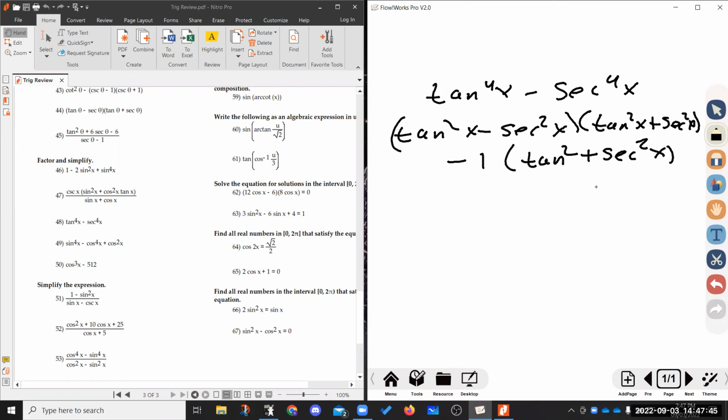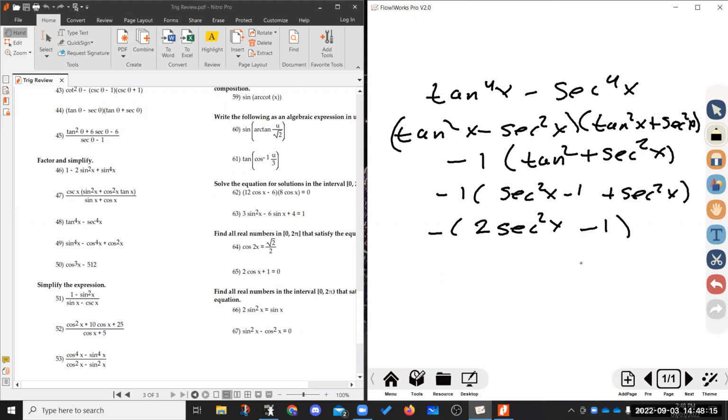Let's just replace my tans with secants there. So that's a secant squared minus 1, secant squared minus 1 plus secant squared. That's at least going to give me only one trig function that's simpler. This can be 1 minus 2 secant squared x.